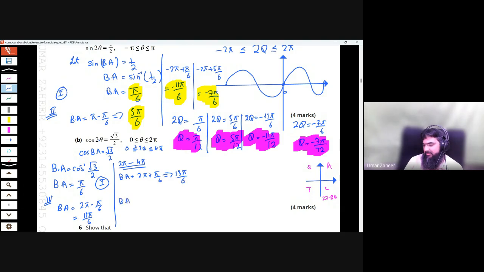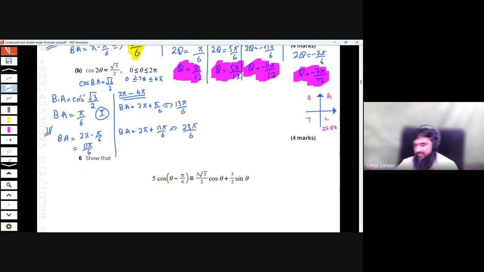And 2 pi plus 11 pi over 6 will be equal to 23 pi over 6. Now we will get the angles. These are the values for 2 theta.